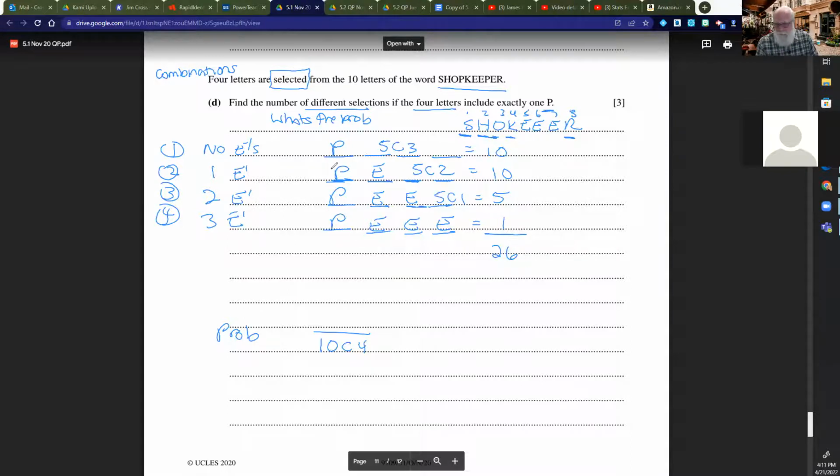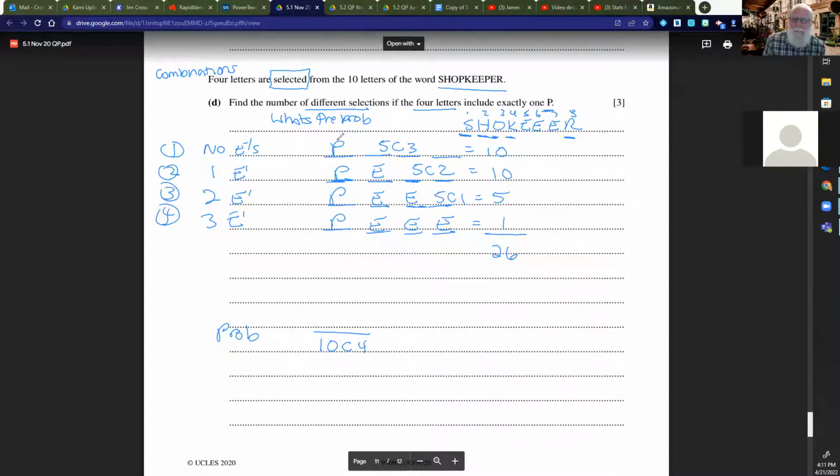And then it gets really tedious, okay? So if this question had been a probability question, to select the letters I would have done 10 choose 4. But that operates on the presumption that all of these are unique. If I was doing this, then the number of ways I'm interested in won't be 26.